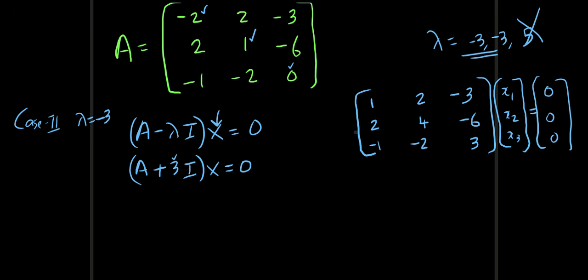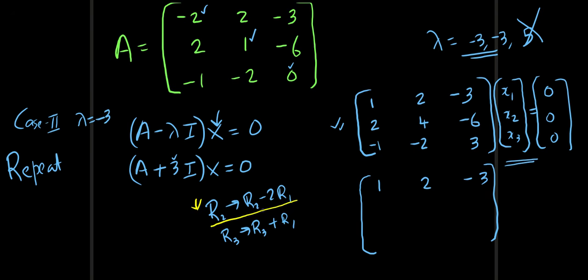Now look at this. When the eigenvalues repeat, the first thing to do is reduce this into echelon form. That is compulsory. So let's reduce this. I'm not going to write these things, so I'm going to write the operation here. R2 changes to R2 minus 2R1.